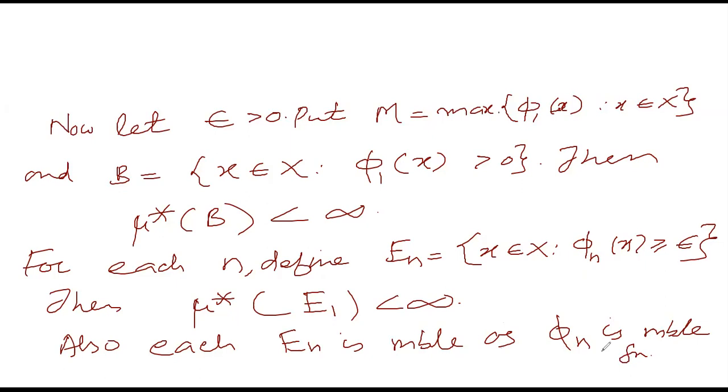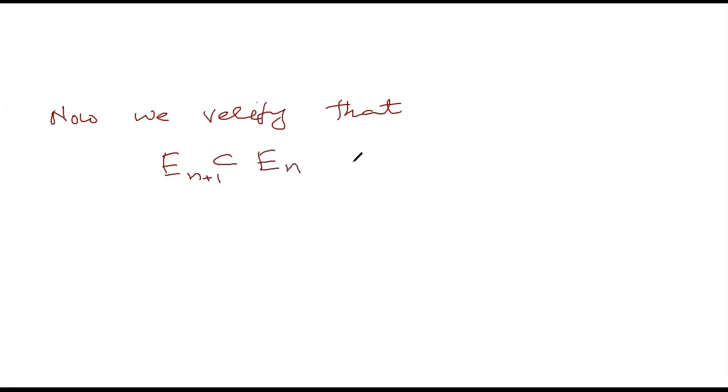Now we verify that this E_n is a decreasing sequence, E_(n+1) is a subset of E_n, and the intersection of E_n, n running from 1 to infinity, is equal to the empty set.